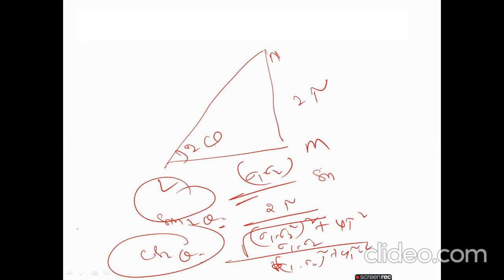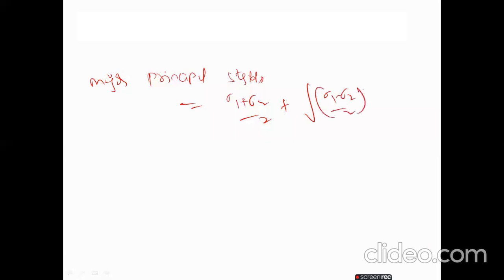Sin 2 theta, cos 2 theta. If you substitute into the sigma n value, you will get principal stress. I will write here, major principal stress. We need only formula. Major principal stress equal to sigma 1 plus sigma 2 by 2 plus or minus square root of sigma 1 minus sigma 2 by 2 whole square plus tau square.